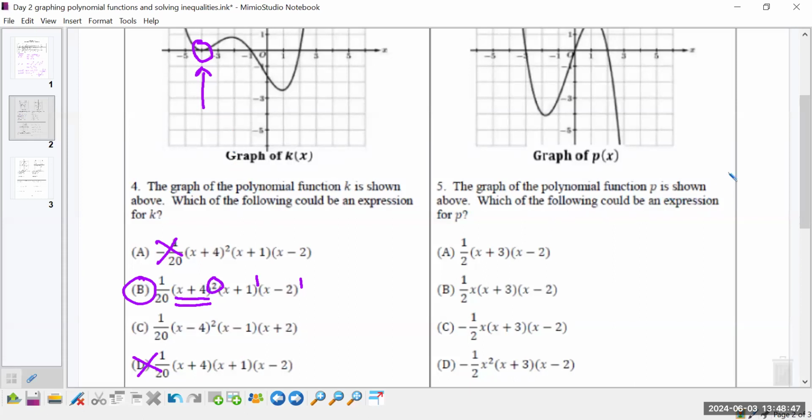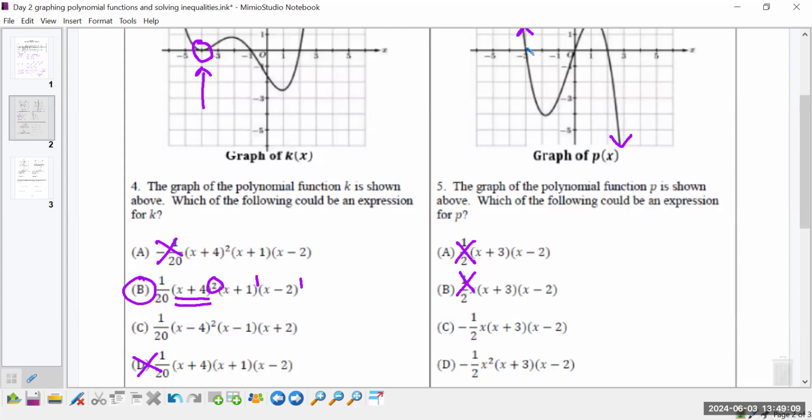Number 5. I look at the graph for number 5, and I notice that the end behaviors go in opposite directions, which tells me it must be an odd degree polynomial. Because on the left it goes up and on the right it goes down, I know it's going to have a negative leading coefficient. So I'm immediately going to eliminate A and B because they have positive leading coefficients.